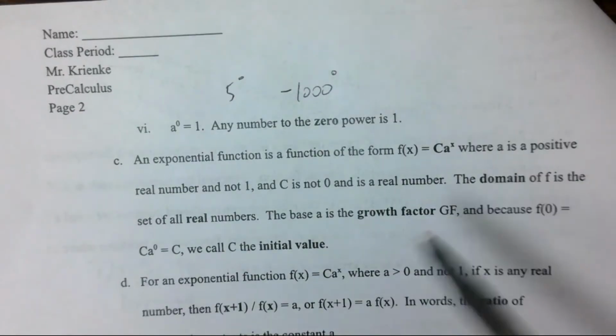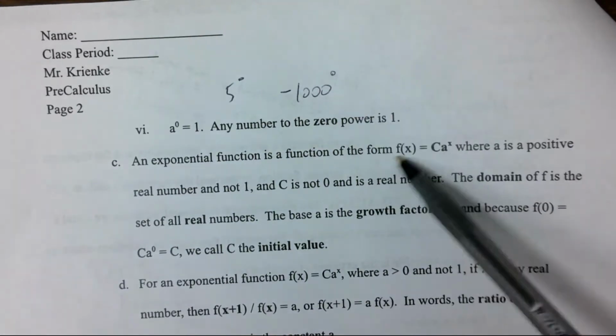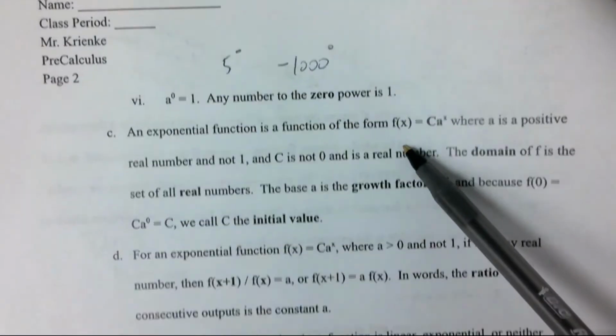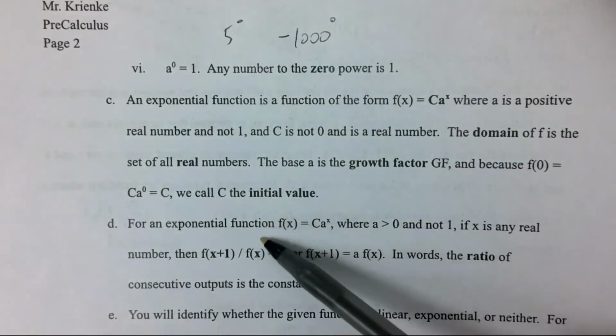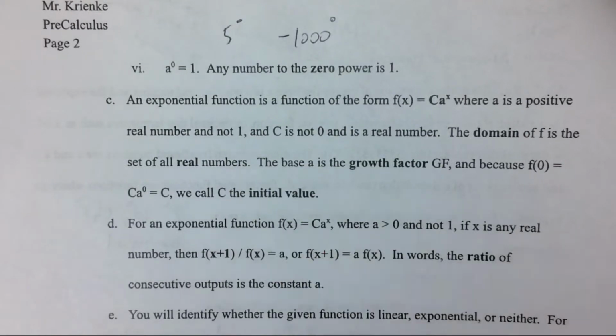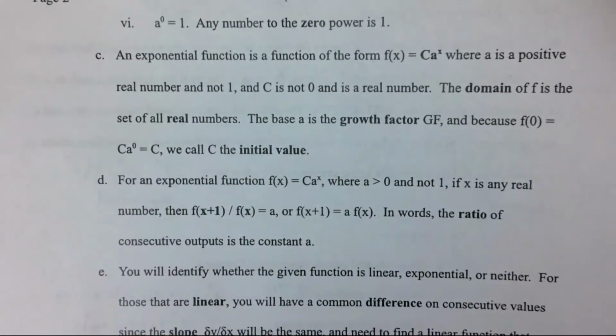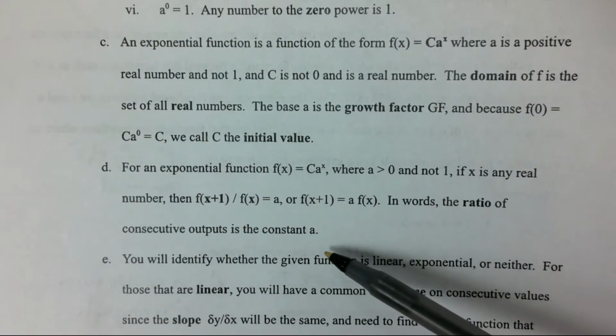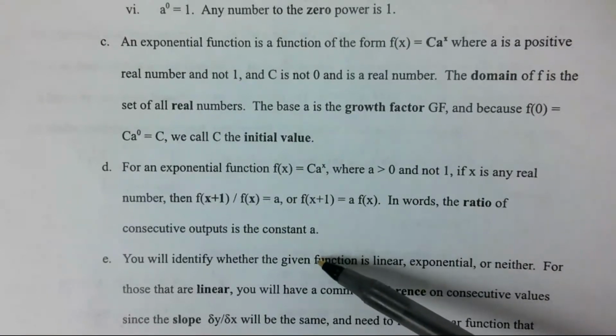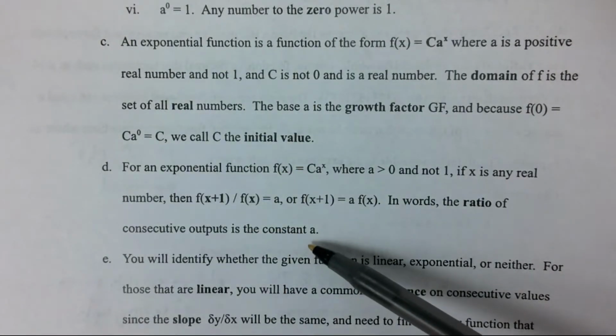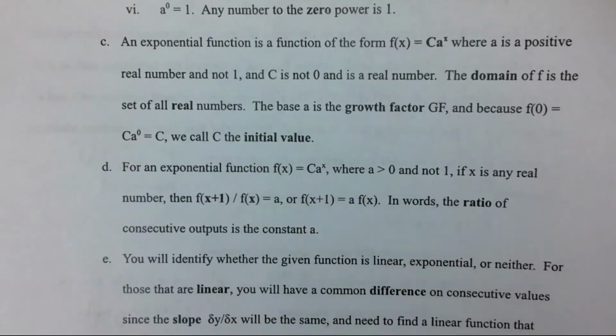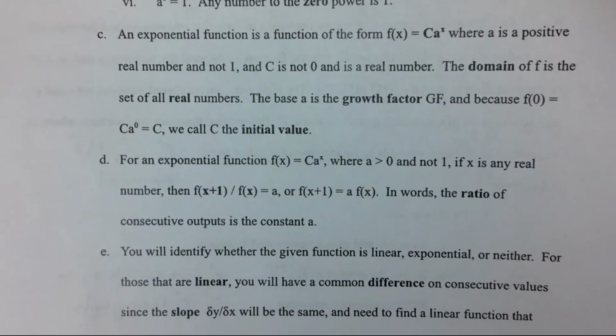Now with the capital C, that just means you have a leading coefficient, which is called your initial value. And here they're talking about the graph and having your ratio of your common terms, your common consecutive outputs.